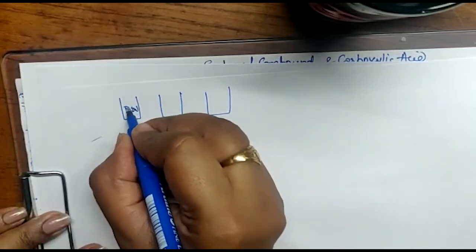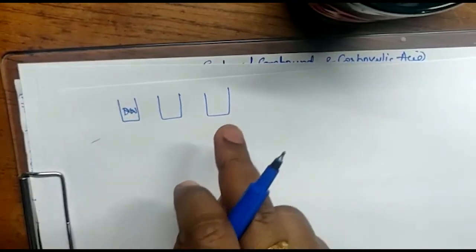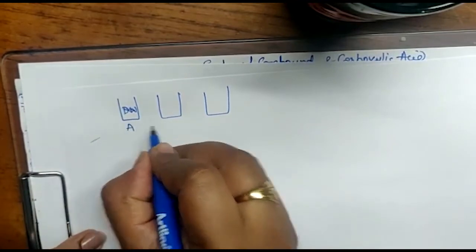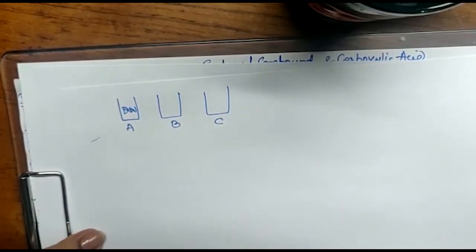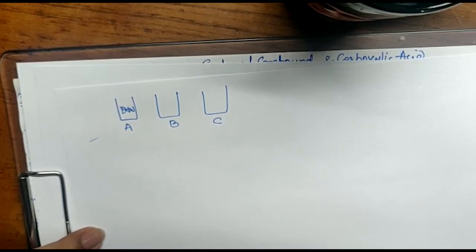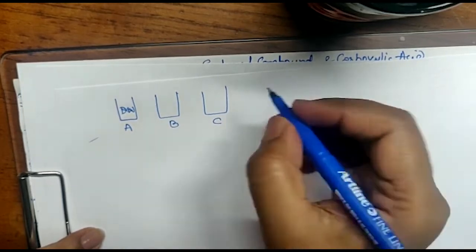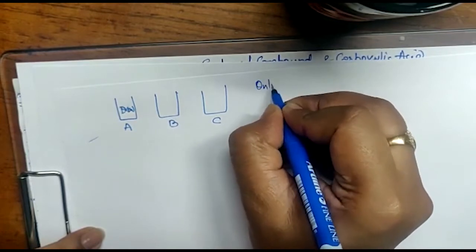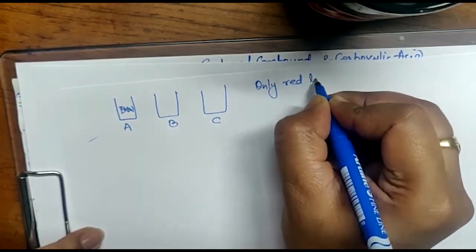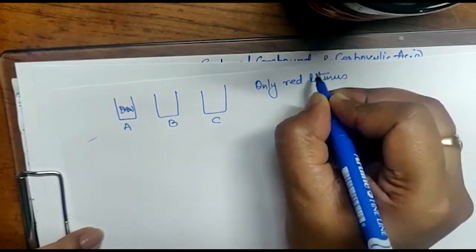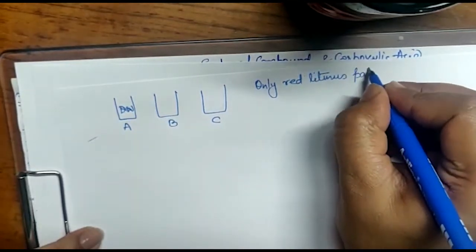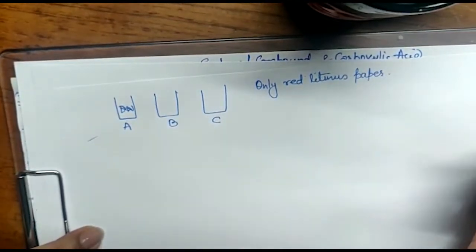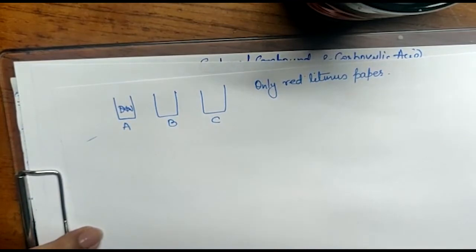So one is distilled water, one is acid, one is base. Mark them as A, B and C respectively. If you are given only red litmus paper, then how will you identify the contents of each test tube?